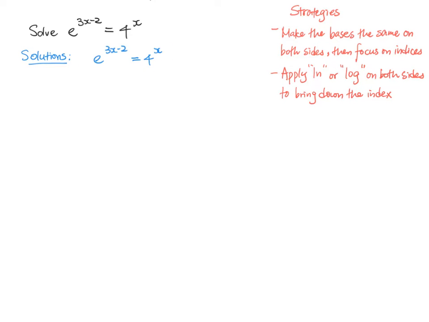Or do I put log base 4, so that my 4 goes away, but on this side I still have some messy things. But for now, let's go for ln, because if you put log base 4, this looks much more complicated. So we use ln.